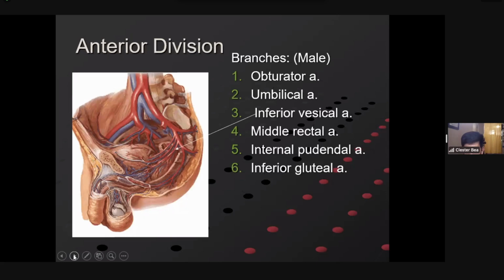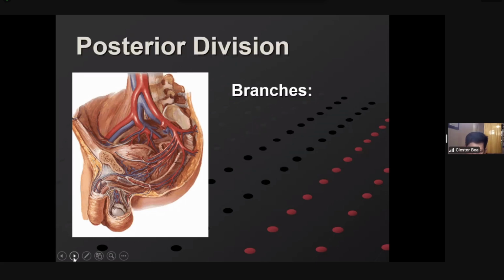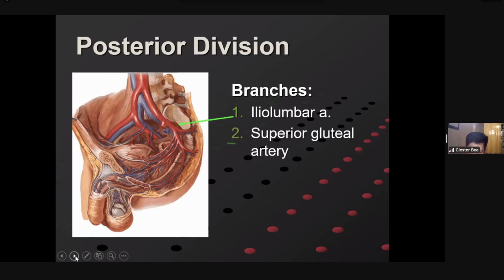In the male, you basically have the same branches of the internal iliac artery, except, of course, there is no vaginal artery. Instead, you have the inferior vesical artery. As for the posterior group, you have basically three arteries coming from the posterior division. You have the iliolumbar, which moves upward along the lumbar vertebrae and the iliac fossa, and gives rise to a blood vessel that supplies the iliacus muscle.